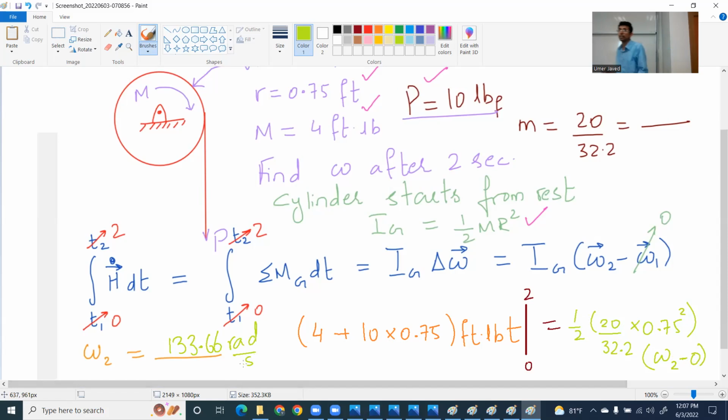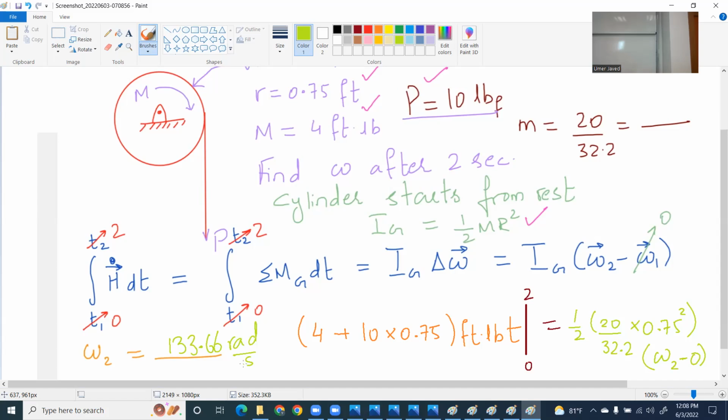Now, in an exam setting, everyone, I will probably not tell you which method to follow, so it's entirely up to you. The same question could be done by summation of moments as well. Will you be able to do it yourself? It's straightforward. You can do a summation of moments about the center equal to I alpha.